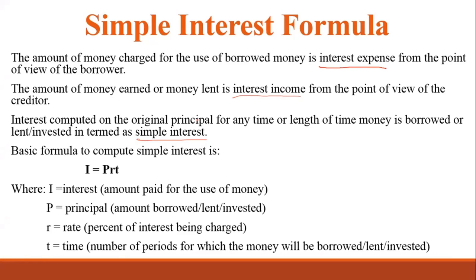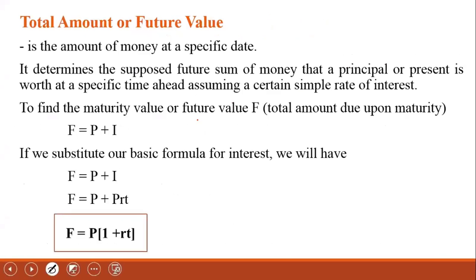And the total amount or future value is the amount of money at a specific date. It determines the supposed future sum of money that a principal or present amount is worth at a specific time ahead, assuming a certain simple rate of interest.